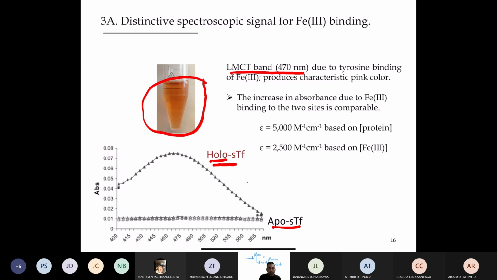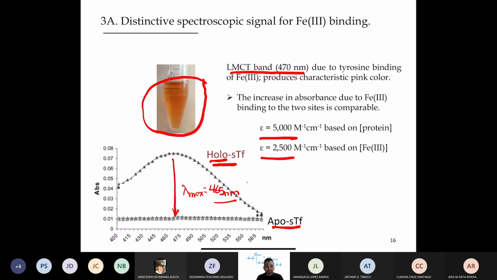If we were to look at this in terms of extinction coefficient, this is a ligand to metal charge transfer, so we should expect a relatively high extinction coefficient.